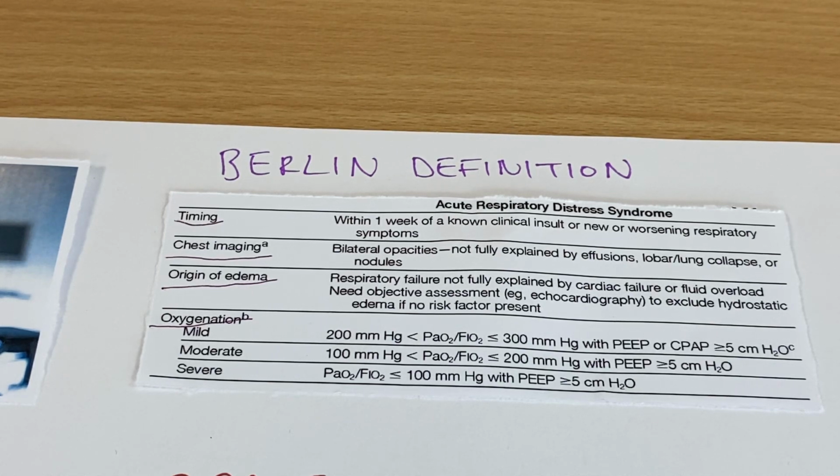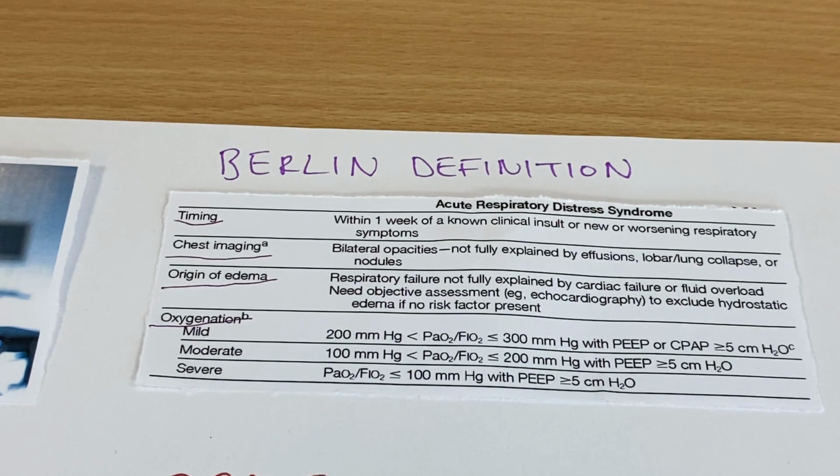And ARDS became particularly topical in the last few years as the most severe COVID infections were giving rise to ARDS. So the Berlin definition is how ARDS is currently diagnosed, and there are four main criteria. The first is timing, so the patient must present within 1 week of a known clinical insult or new or worsening respiratory symptoms.